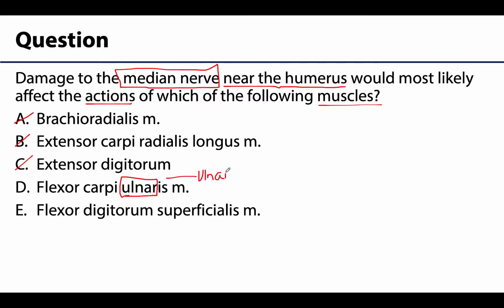So both the flexor carpi ulnaris and about half of the flexor digitorum profundus will have an innervation from the ulnar nerve, but everything else in the anterior compartment, including the flexor digitorum superficialis, will be the median nerve. Yay! So anterior compartment with a few exceptions, as we just discussed.